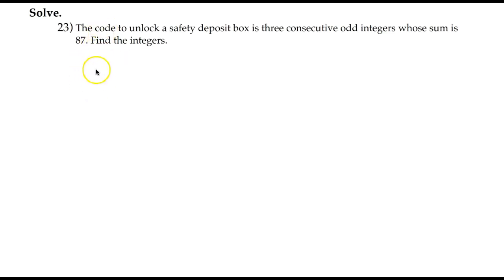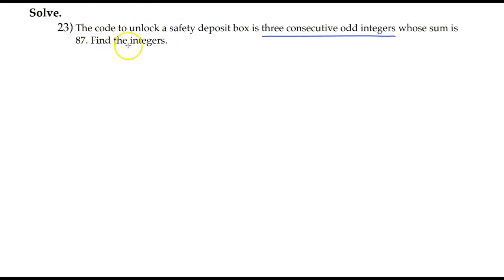So here, it says the code to unlock a safety deposit box is 3 consecutive odd integers. Key phrase there, consecutive odd integers whose sum is 87. We want to find out what these integers are. So first thing that we know is we have 3 integers.